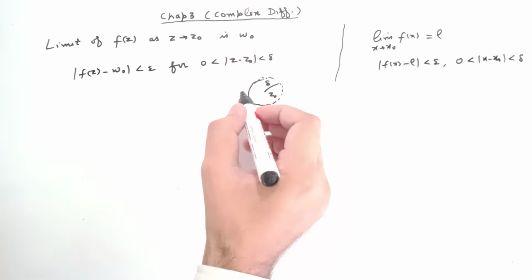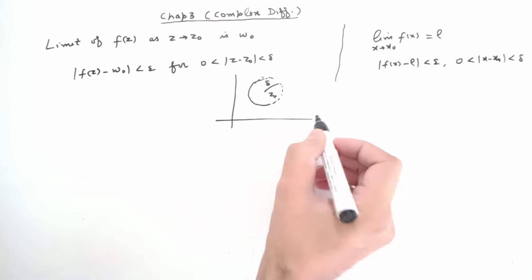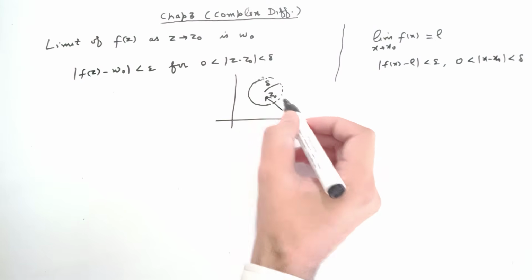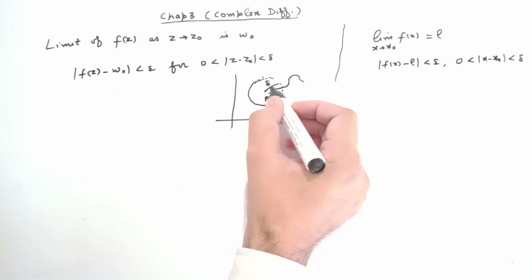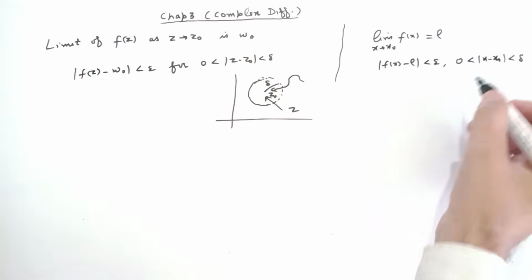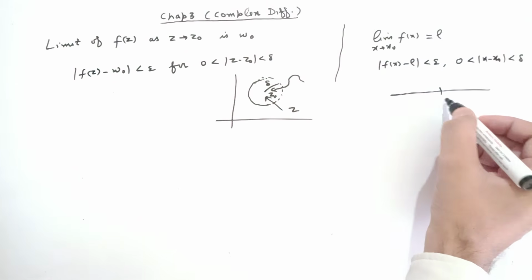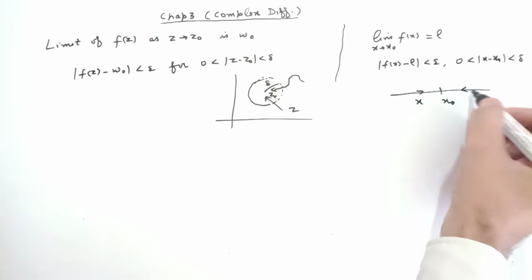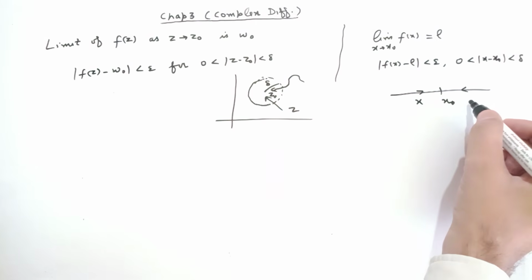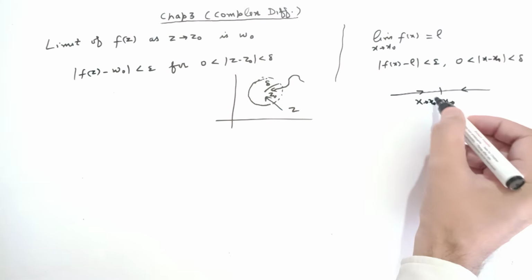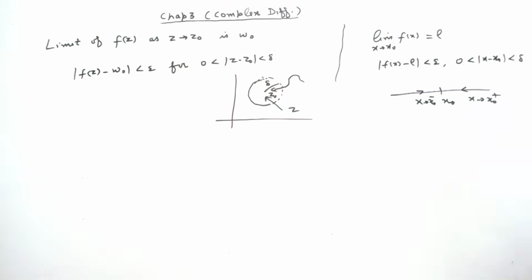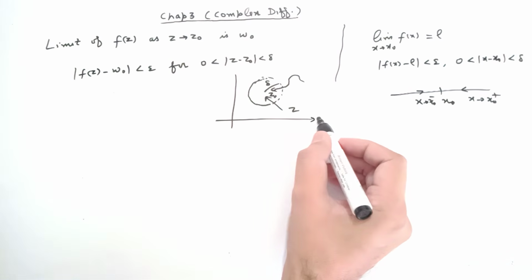So here z can approach z0 from any direction. But in this case, x can approach x0 either from left hand side or from right hand side. Correct? x tends to x0 minus is the left hand limit, or x tends to x0 plus is the right hand limit. So you understand the difference now.